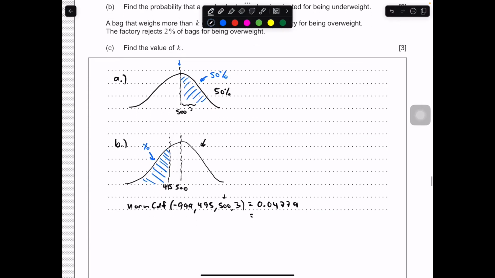We can represent this as a decimal, fraction or percent. So to 3 sig fig, 0.0478, or 4.78%, all the same.